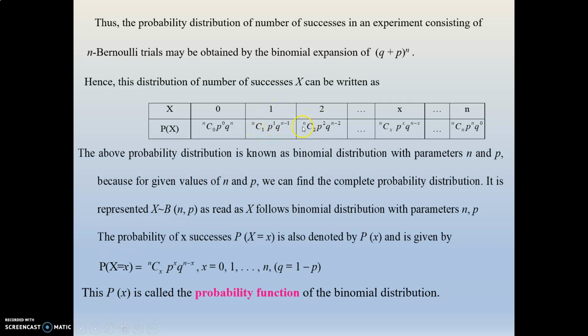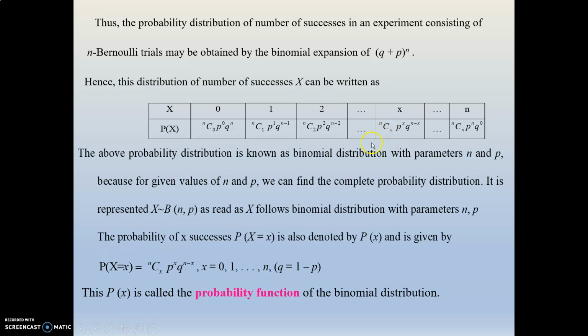If x is 2, nC2 p squared q raised to n minus 2, etc. If x value is x, nCx p raised to x q raised to n minus x. So this is the x plus 1th term, because we are starting with 0, so the x term will be at the x plus 1 position, and the last term will be nCn p raised to n into q raised to 0. So the above probability distribution is known as binomial distribution with parameters n and p.